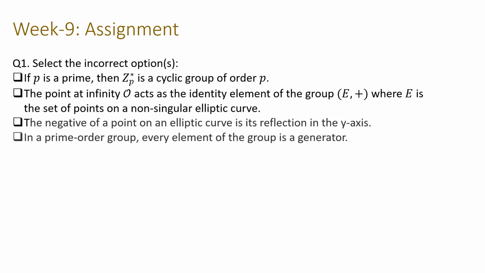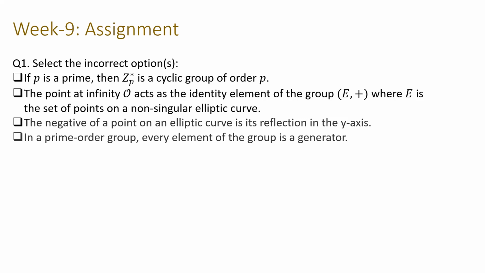Proceeding to the second statement: the point at infinity O acts as the identity element of the group E plus, where E is the set of points on a non-singular elliptic curve. There is nothing to explain, it is just the default assumption for any elliptic curve under the binary operation, like point addition on an elliptic curve.